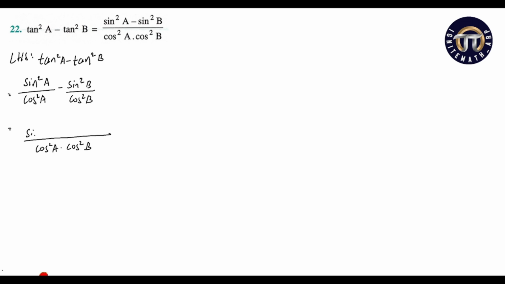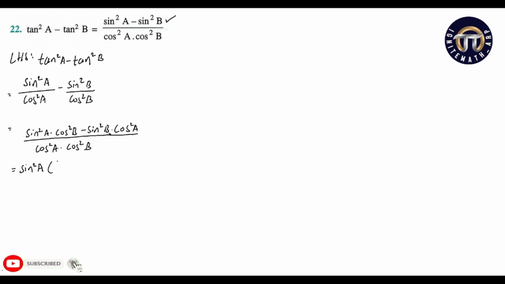Then this becomes sin square A into cos square B minus sin square B into cos square A. If you observe the numerator of the RHS, only sin square is there, no cos square. So I'll keep sin square A as it is and express cos square in terms of sin square.